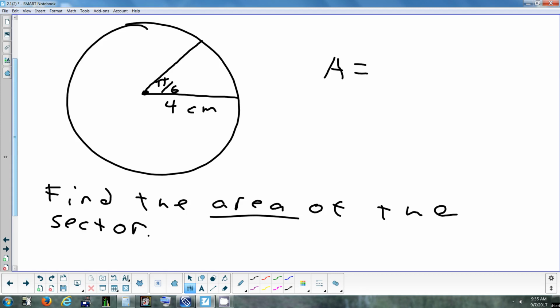A equals 1/2 r squared theta? Yes. Okay, so we have A equals 1/2 r squared theta. And let's start with the pi over 6. Okay, Matt, what's the pi over 6? Theta. That's my theta. And what units is pi over 6 right now? It's radians. Is that what I want? Yes. It's perfect. So we just leave that the same.